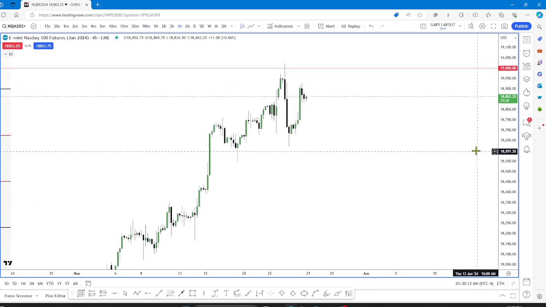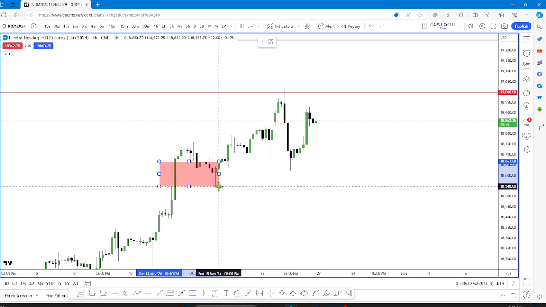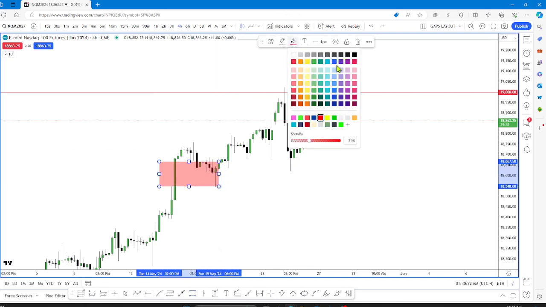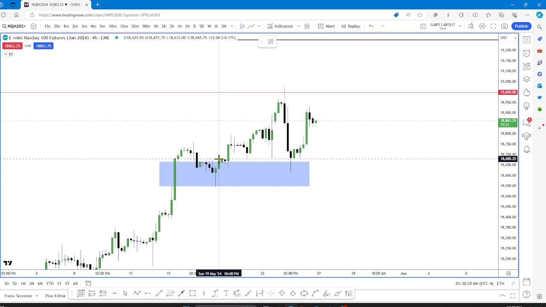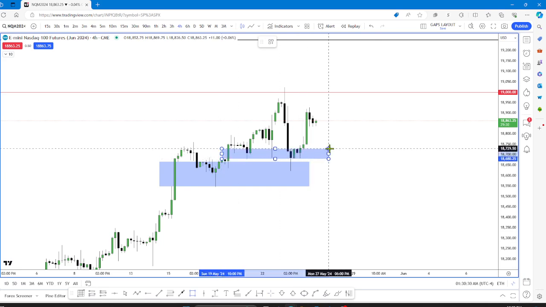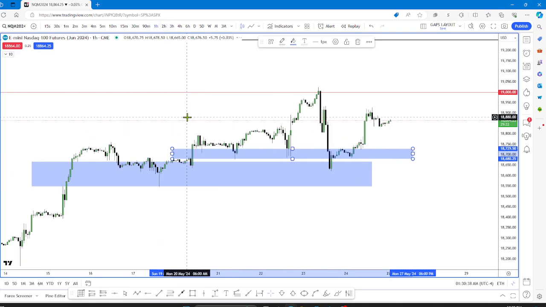We had some internal range liquidity swept during the week this week, but it was only to continue higher. So we tapped into this 4-hour in here, but we respected this higher one. Candle body closures above this higher fair value gap in here. So still very bullish. Go to the 1 hour.